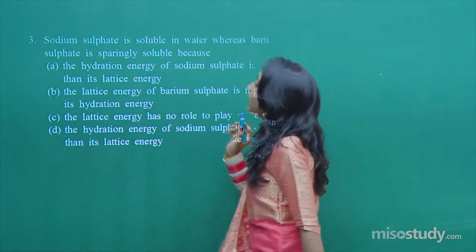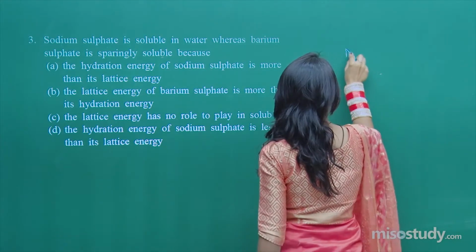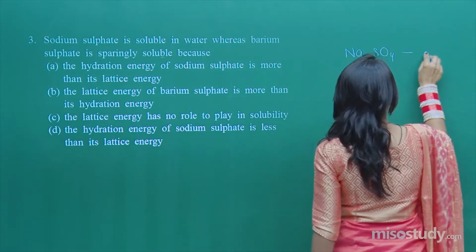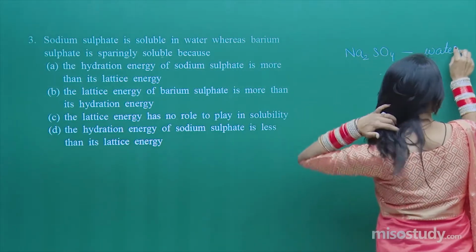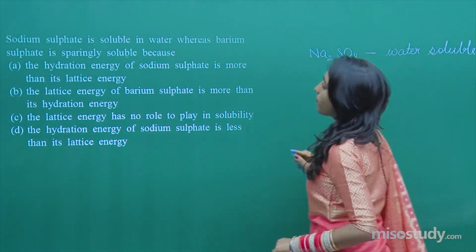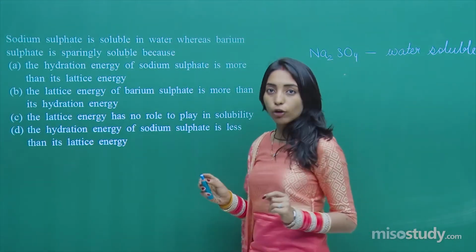Sodium sulfate is soluble in water. Let me write the data here. Sodium sulfate is Na2SO4 and this is water soluble, okay, whereas barium sulfate is sparingly soluble.